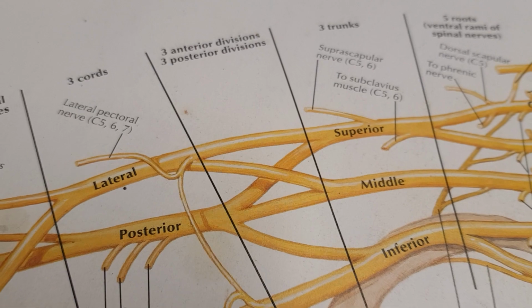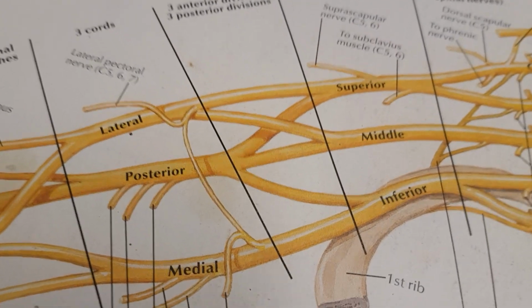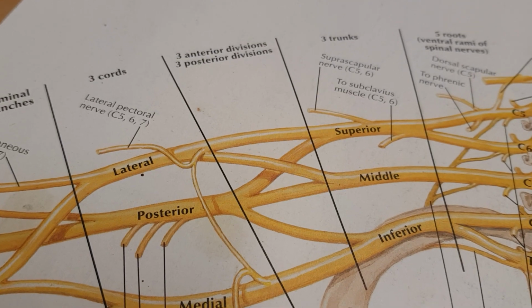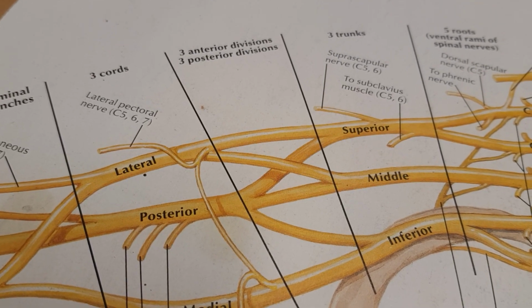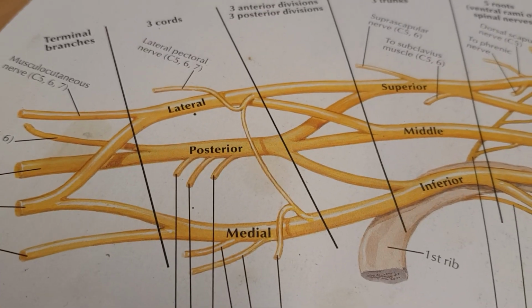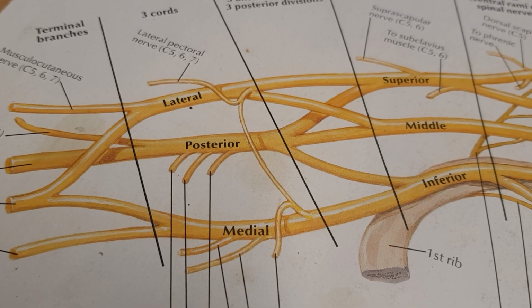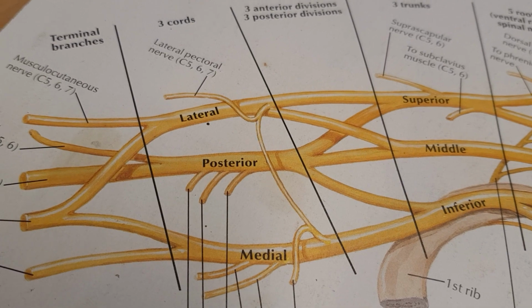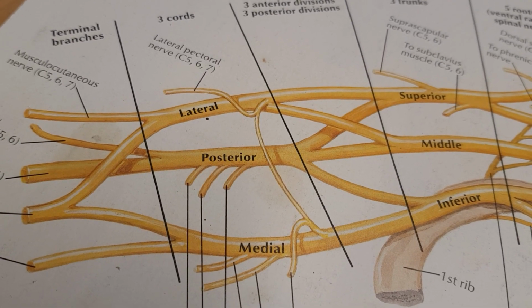Right, let's continue to the fourth part of the brachial plexus. The fourth part is the 3 cords. 2 divisions will come together and make the lateral cord. 3 divisions will come together and make the posterior cord. And that 1 division will continue to become the medial cord.